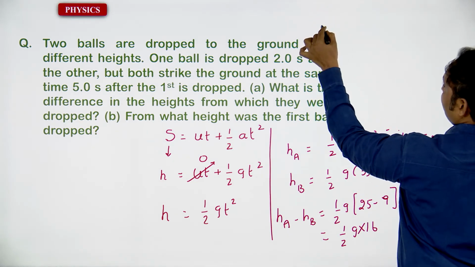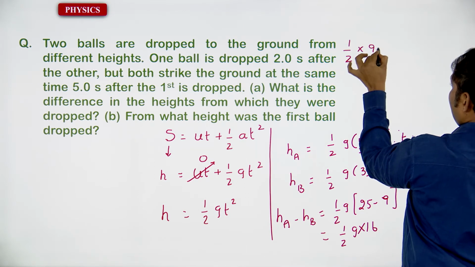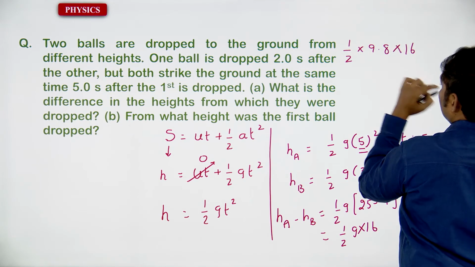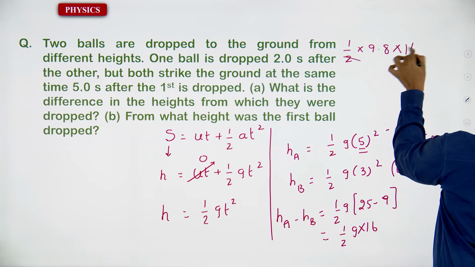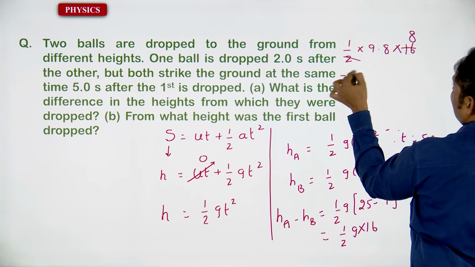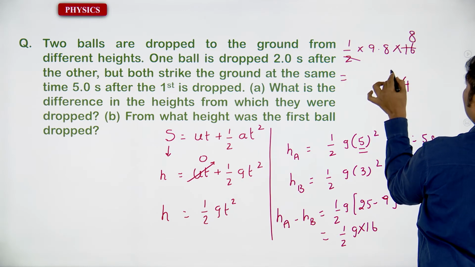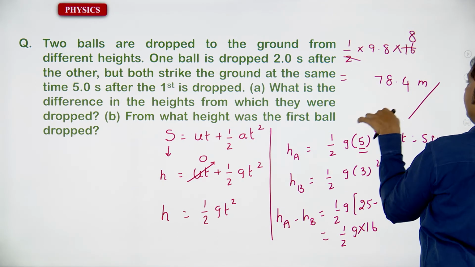The difference of height is going to be 1 by 2 into 9.8 into 16. Let's assume, so you will get this one, right? Now you are going to get 78.4 meter. It's very clear.